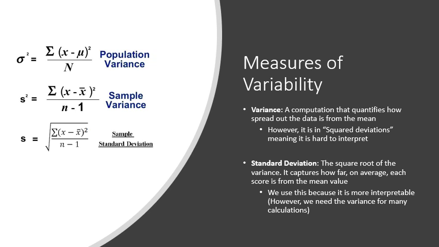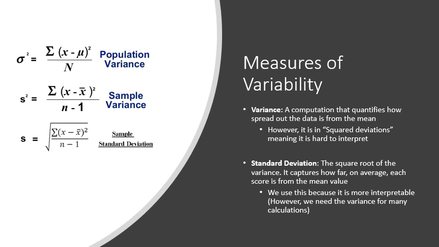Next, we're still in this realm of descriptive research where we're only describing one variable, and we have measures of variability. Now there's two types of measures of variability. One of them is the variance, a computation that quantifies how spread out the data is from the mean. However, something to note about this population variance is that it's the amount of squared deviations from the mean.